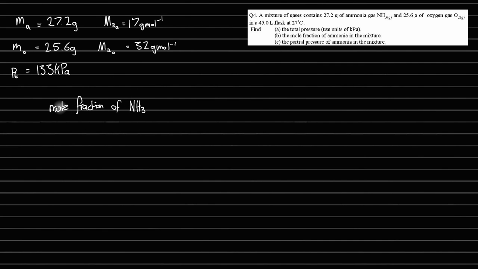Well, thinking what a mole fraction could possibly suggest, if we have this as our system, we've got lots of particles in there, we're concerned about how many of those are ammonia. So we're wanting to find out then the number of moles of ammonia compared to the number of moles there are total.